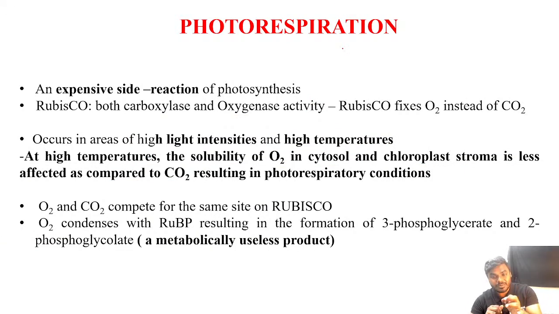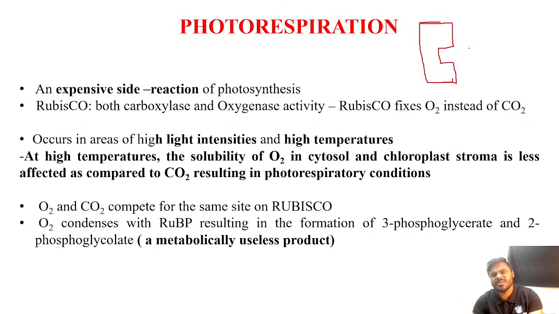Now, in a given 4-marker question, they have asked the same statement two times. You know what statement they have asked? We are going to solve that. They asked that Rubisco has two separate active sites for carbon dioxide and oxygen, which is an absolutely wrong statement. It's not possible. Rubisco has only one active site.